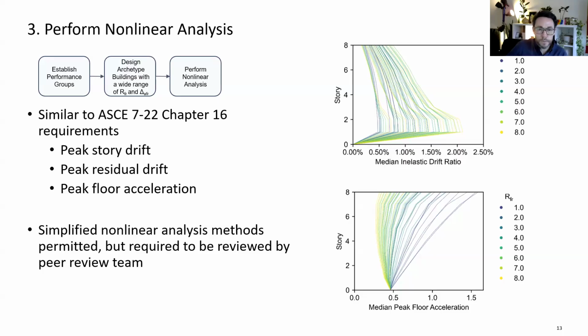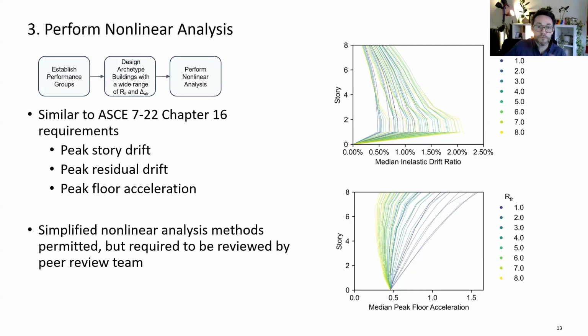Regardless of the approach that is used, the procedure also requires having a peer review team that will need to go over your choices and then approve the analysis methods. In our work, we use the Seismic Response Prediction Engine, which was developed by HB Risk, one of the partners of the Resilient Design Coalition. This tool is essentially calibrated to OpenSees models of systems that were previously used to establish R values in FEMA P695.